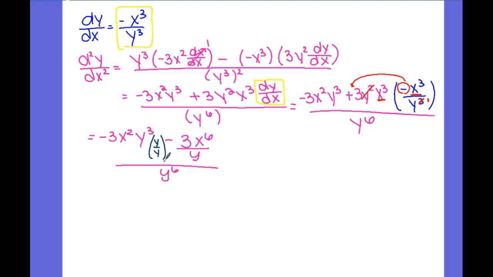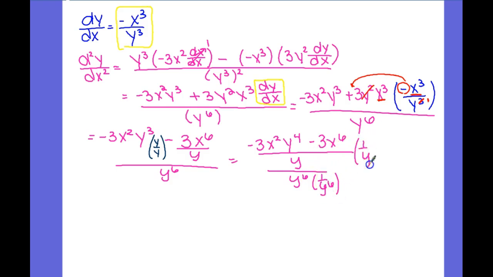That's going to make this negative 3x squared y to the 4th minus 3x to the 6th all over y, but that's over y to the 6th. So what can I do to these? Yeah, it's going to become y to the 7th, because that's like 1 over y to the 6th, so those go away, and then you can multiply your denominators.